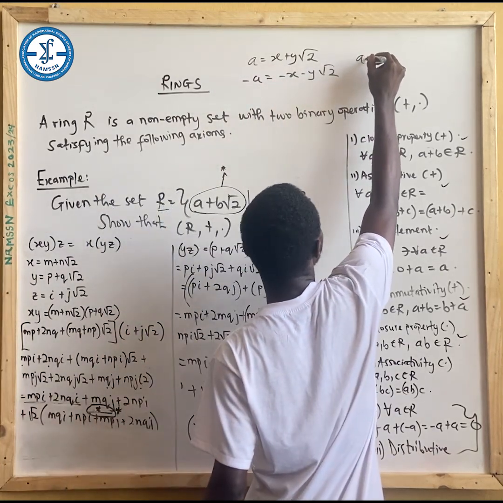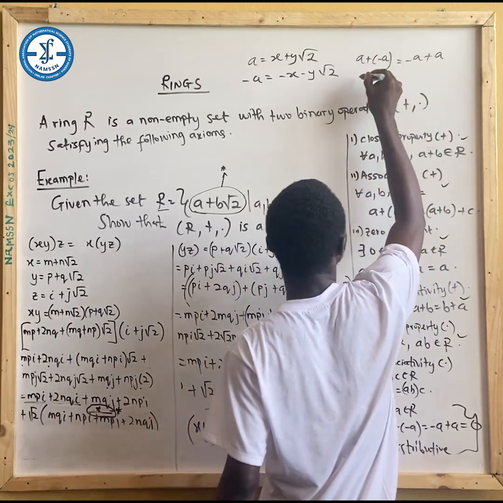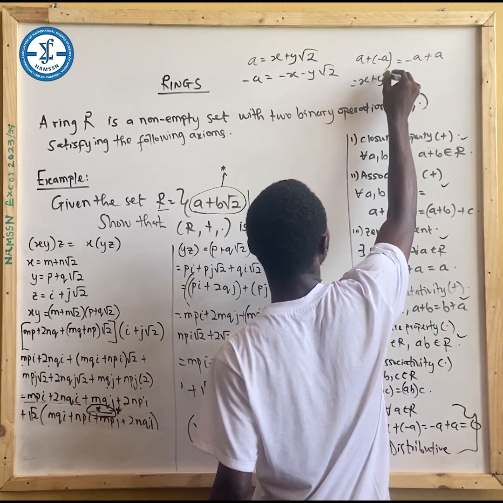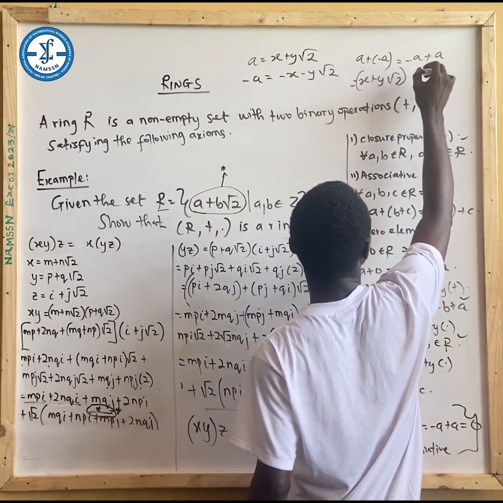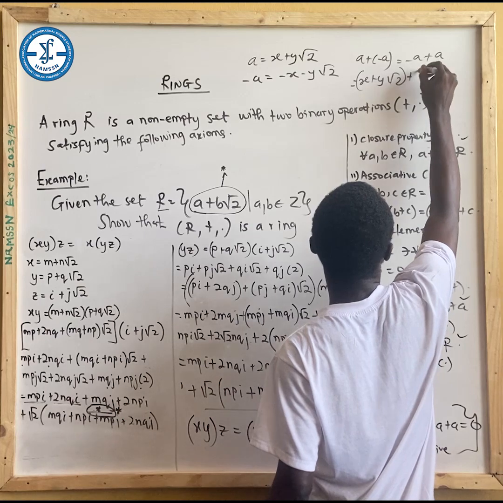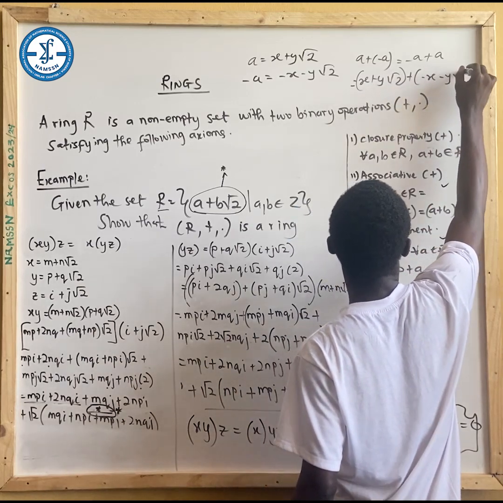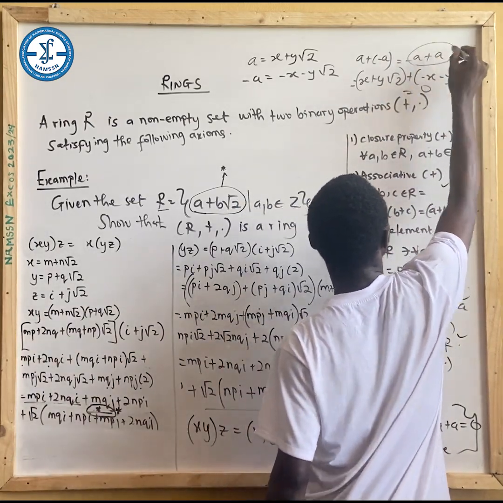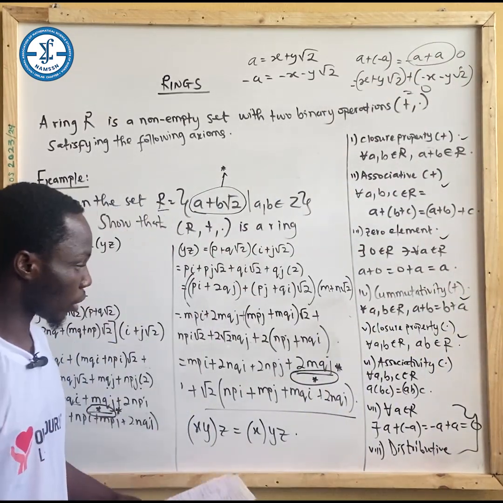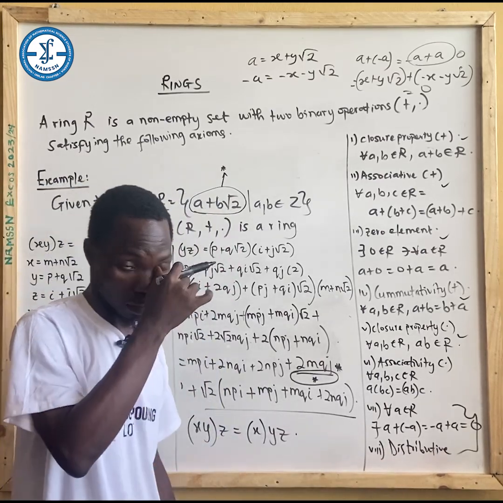Then you have a plus minus a equals minus a plus a, which will be x plus y root 2, that's your a, and then your minus a, that's minus x minus y root 2. This will give you 0. The other side should also give you 0. And then you can do the distributive, the left distributive and then the right distributive.